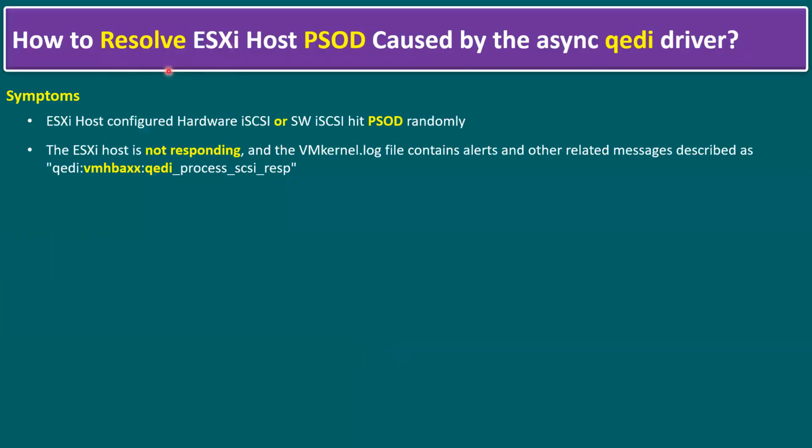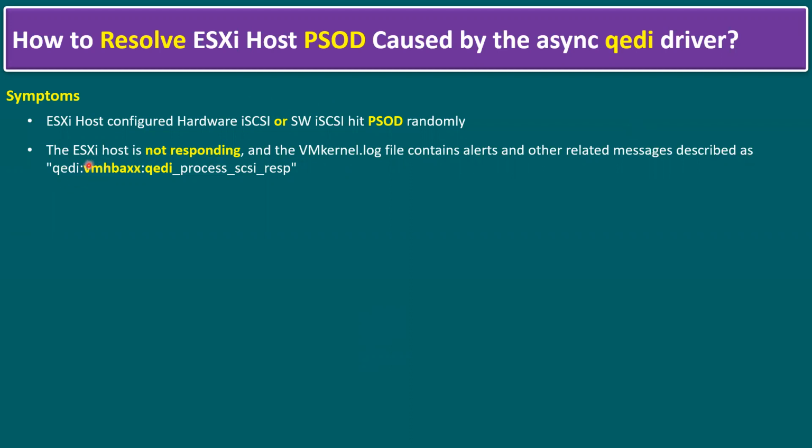Before we start resolving the ESXi host PSOD issue, first understand the symptoms. The first scenario is an ESXi host configured with hardware iSCSI or software iSCSI hitting PSOD randomly. Another symptom is the ESXi host not responding, and the VMkernel log file contains alerts and other related messages.